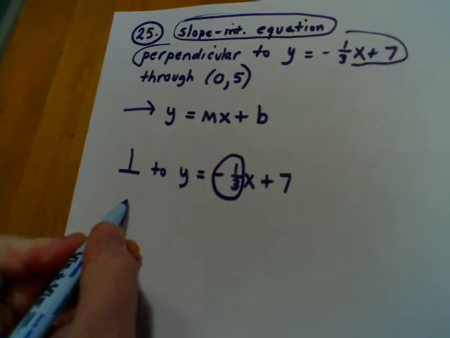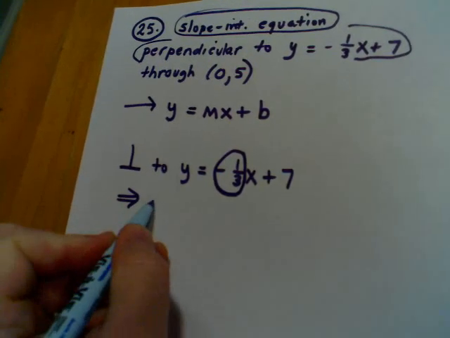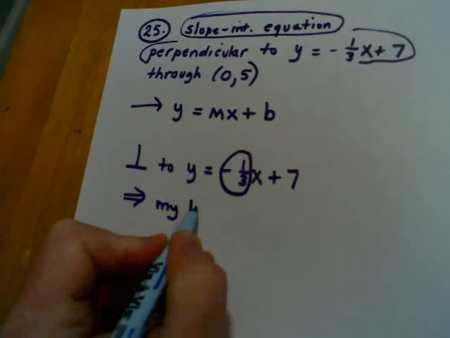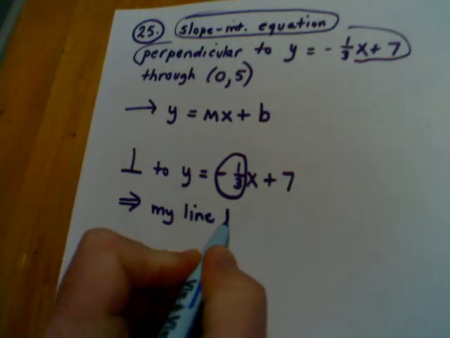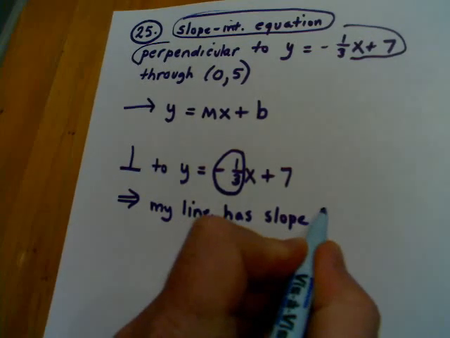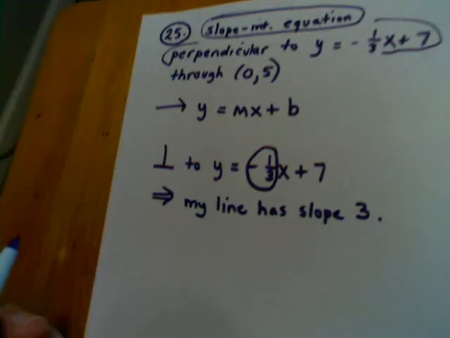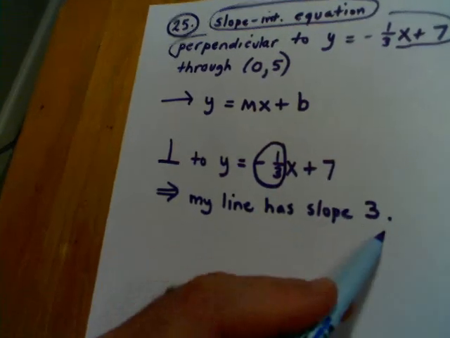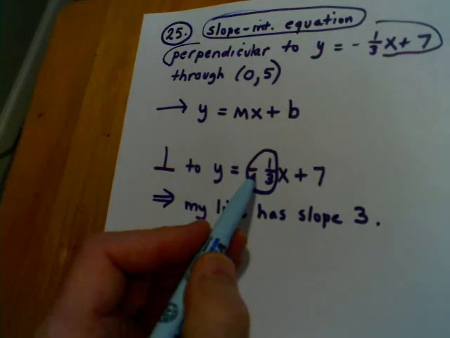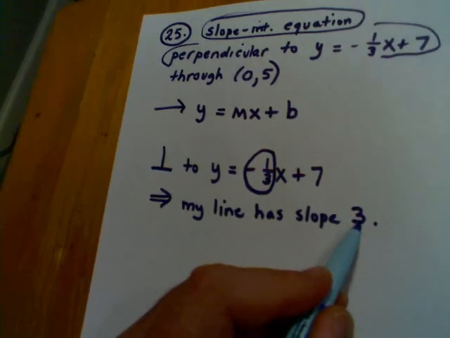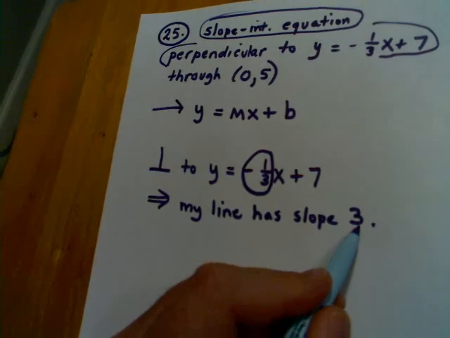That automatically lets me know that my line, the line that I'm looking for, has slope 3. The reason we know that is because when lines are perpendicular, their slopes are opposite reciprocals. If this line has slope negative 1/3, my line has slope positive 3.